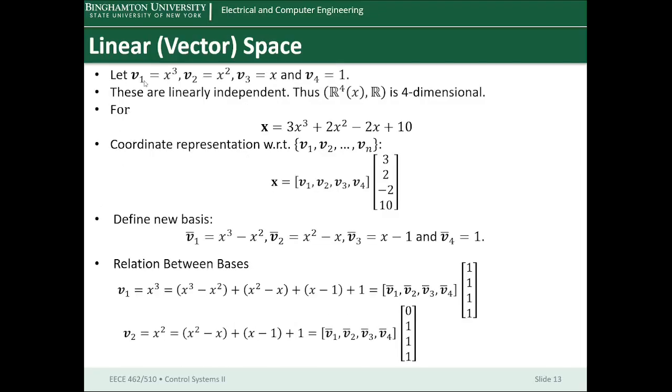If we assign v1 equal x^3, v2 equal x^2, v3 equal x, and v4 equal 1, it's not hard to show that these are linearly independent.